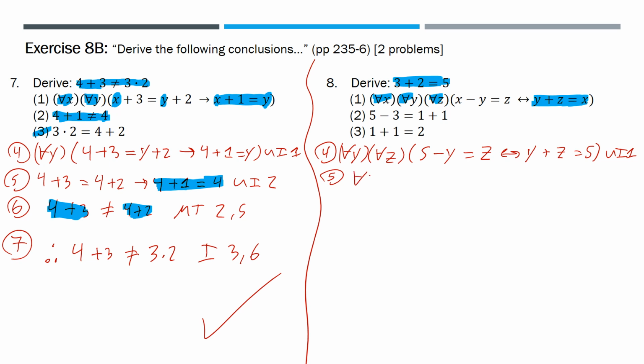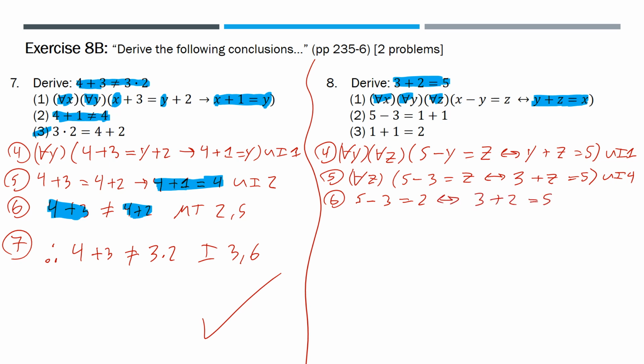So for all z, 5 minus 3 equals z, if and only if 3 plus z equals 5 by the universal instantiation line 4. Then for 6, we'll work on the variable z. We can get 5 minus 3 equals 2 if and only if 3 plus 2 equals 5 by the universal instantiation line 5.